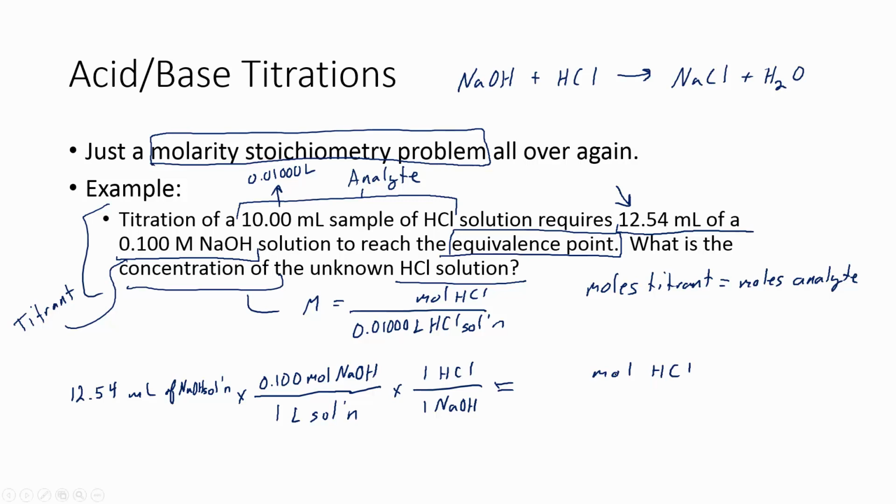So 12.54, I'm going to calculate, it wouldn't turn on, there we go, 12.54 divided by, times. Oh, look at what we forgot to do. We're in milliliters still. So we need one little step in between here and there, don't we? We can't cancel liters with milliliters.